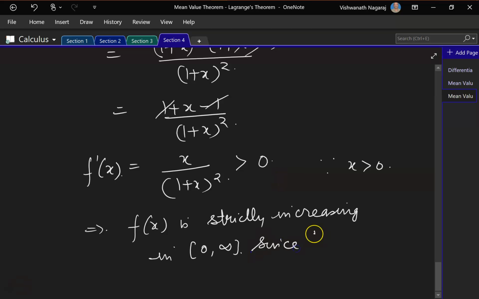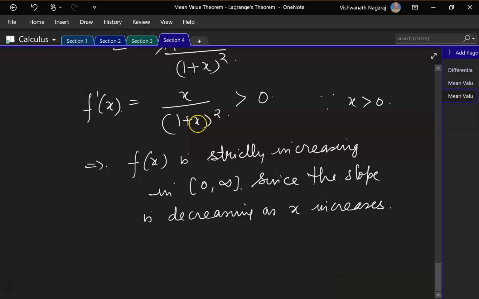Since the slope is decreasing as x increases, because as x increases, this 1 plus x square keeps increasing. So which means this fraction keeps decreasing.